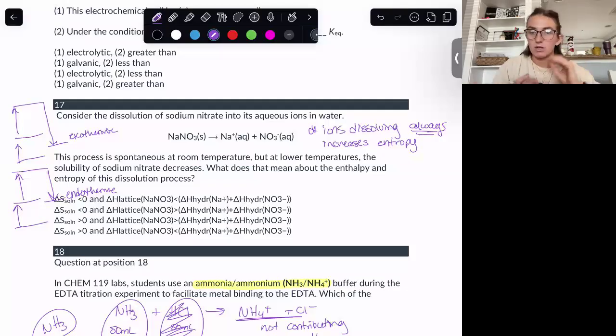So if you have something cool, that means that your delta S change is not big enough to overcome everything else, which means that your delta H of solution would be greater than 0 because it's not coming up enough with your delta H.